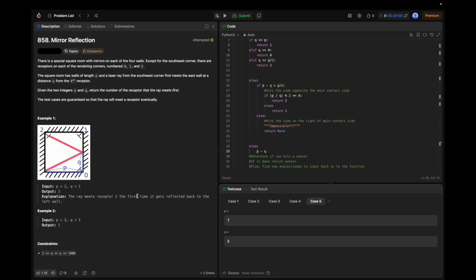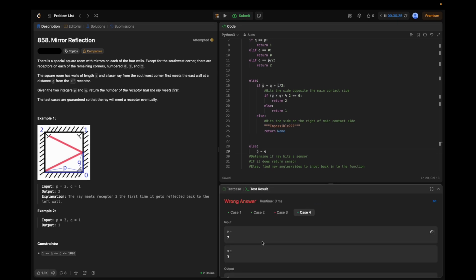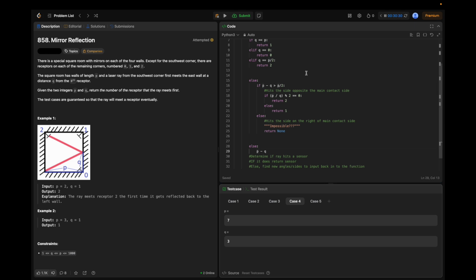So greatest common or least common multiple, right? 1, 2, 3, and sorry, 1, 2, 3, 4, 5, 6. Wait, so 7, 14, 21, 28, 35. And since 5 is greater than 7, I'm going to say what this hit. 7, 3 hit 1. So this is going to hit 2.